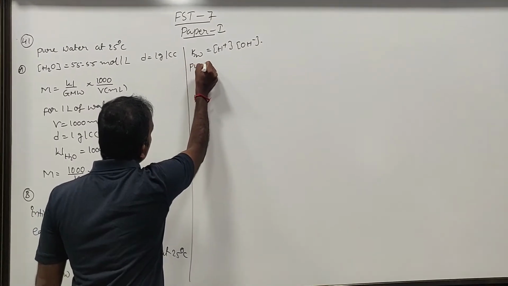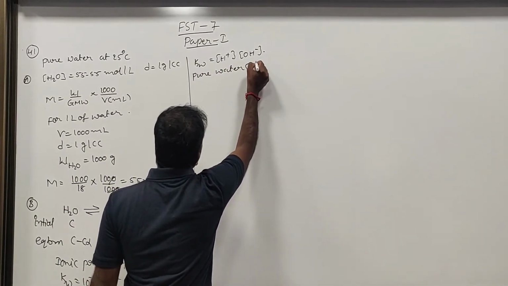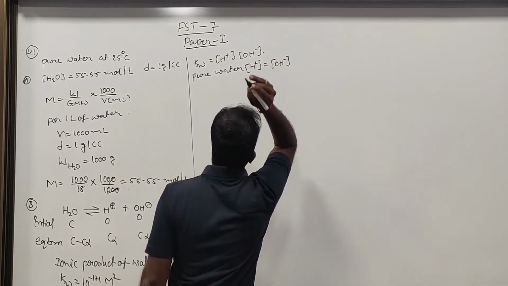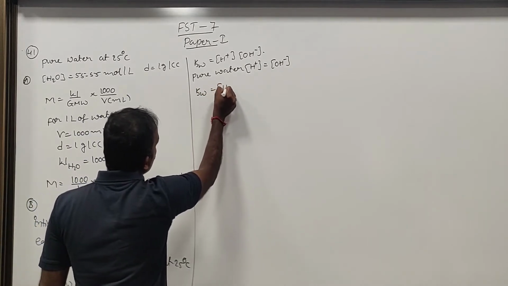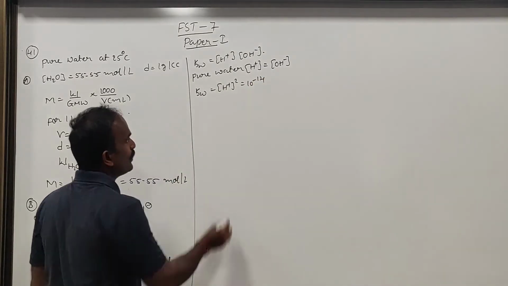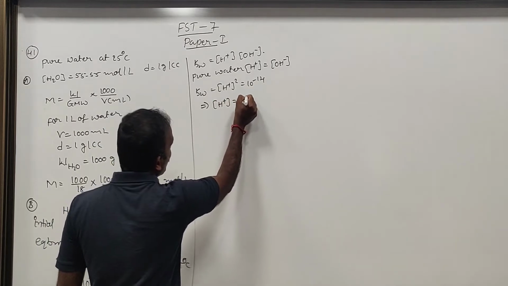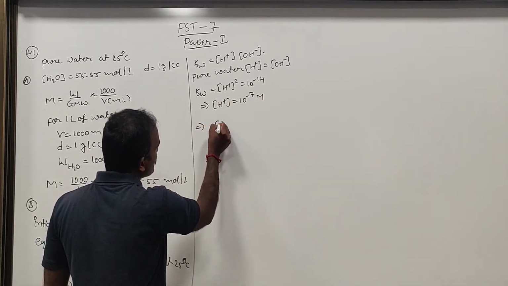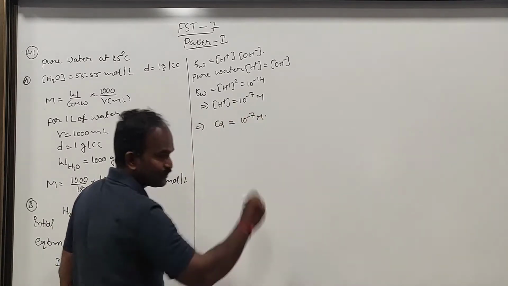Therefore, for pure water, concentration of H plus is equal to concentration of OH minus. Therefore, Kw is equal to concentration of H plus whole square, that is equal to 10 power minus 14. Which implies that concentration of H plus is equal to 10 power minus 7 molar.